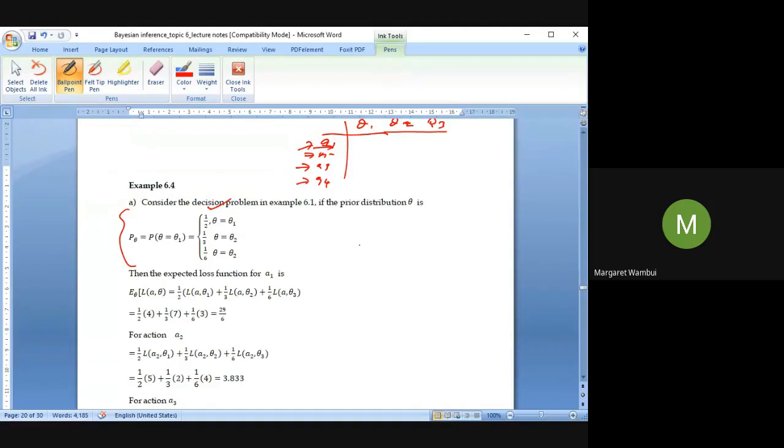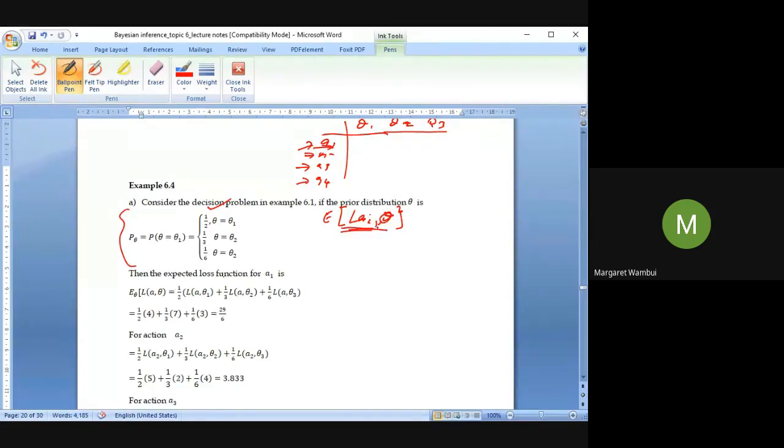So in this case, when you come to the general case, it means you're looking for the expected value of the loss function, call it this, under each of the actions.